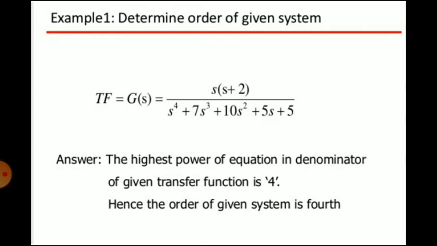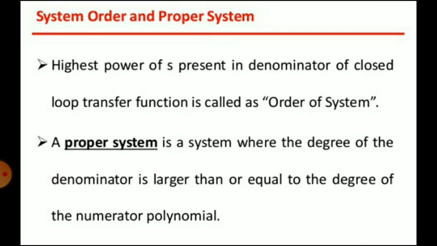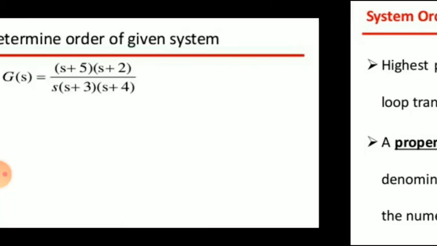Hence the order of the given system is 4. The highest power of s present in the denominator of a closed loop transfer function is called the order of the system. And a proper system is a system where the degree of the denominator is larger than or equal to the degree of the numerator polynomial. Then it is called a proper system.